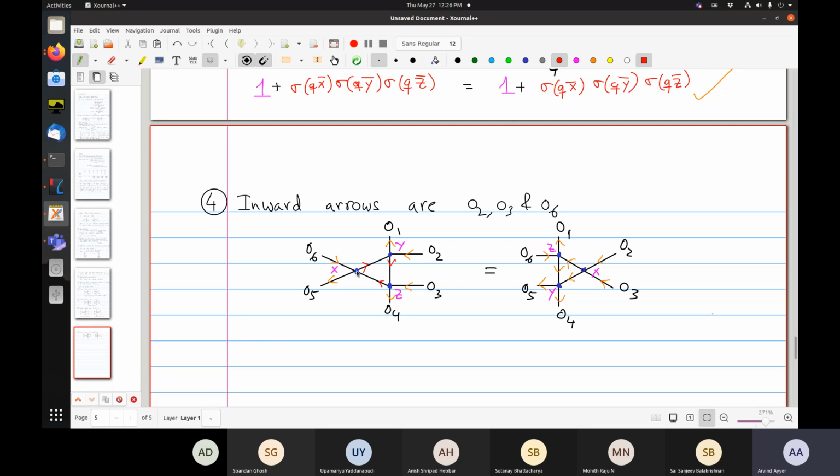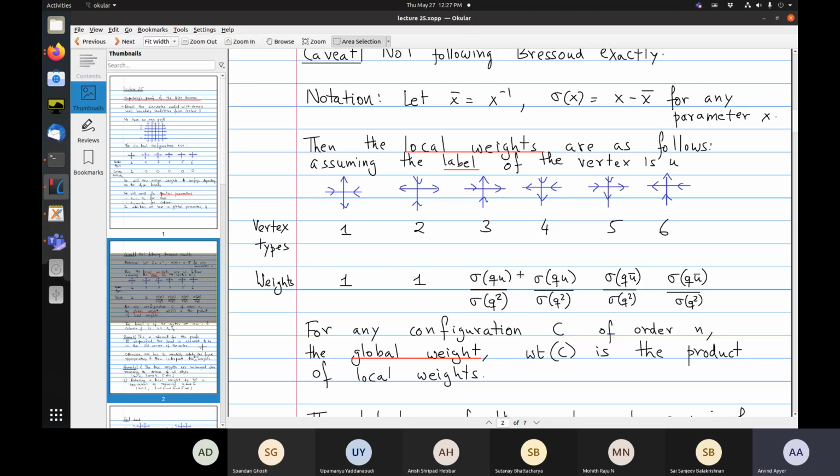On the left, I'll get for x weight 1 because of this condition, and for y again weight 1. So the only non-trivial case is for z. And what does z give? z is down and left, but it's in the wrong direction.